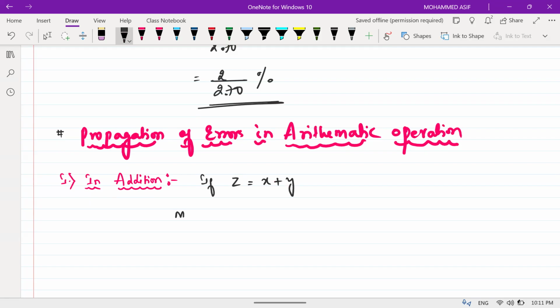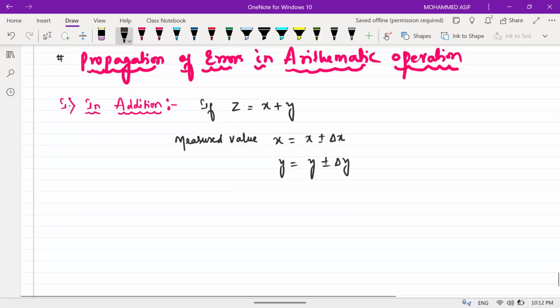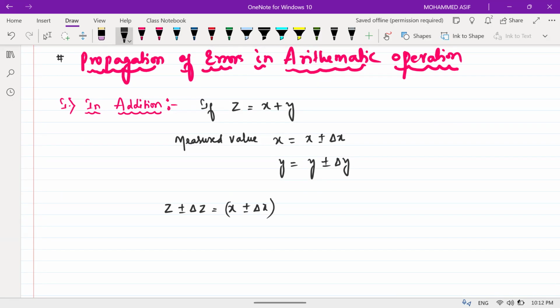Measured value of x will be x plus or minus its error. In y, it will be y plus or minus delta y. That means z plus or minus delta z is equal to x plus or minus delta x plus y plus or minus delta y.